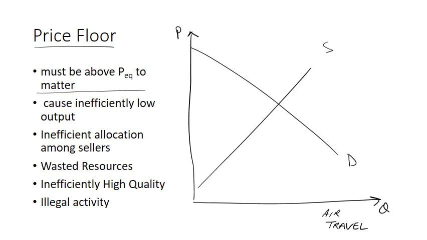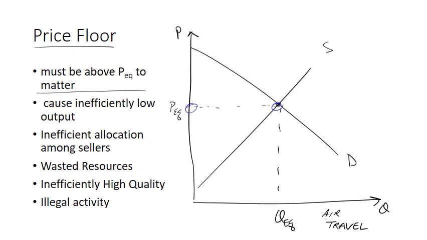So before we start to look at the implications of a price floor, let's go ahead and mark out the original equilibrium and our original consumer and producer surplus triangles.